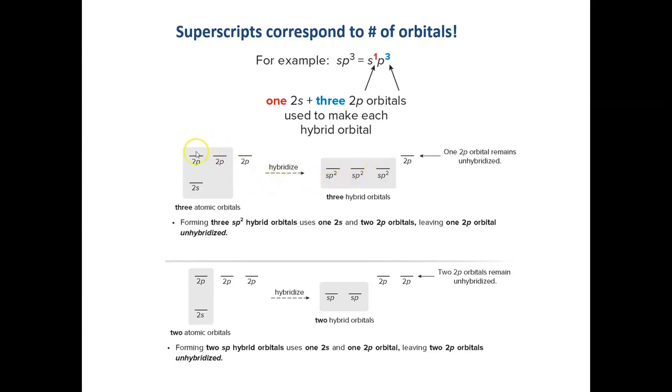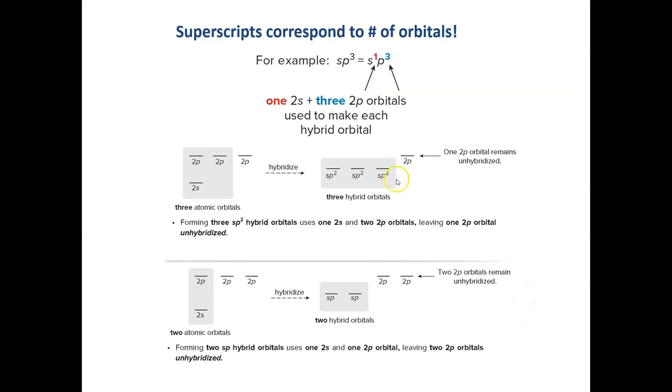So this is just showing you the sp2 hybrid orbitals, and we're not hybridizing this p orbital, which is going to be required for this pi bond that we're going to talk about. We can also have sp orbitals, which hybridize just 2 of these orbitals, the s and the p, and then we have 2 unhybridized p orbitals. So again, just to overview that idea and that concept, we'll come back to this when we talk about alkenes and alkynes.